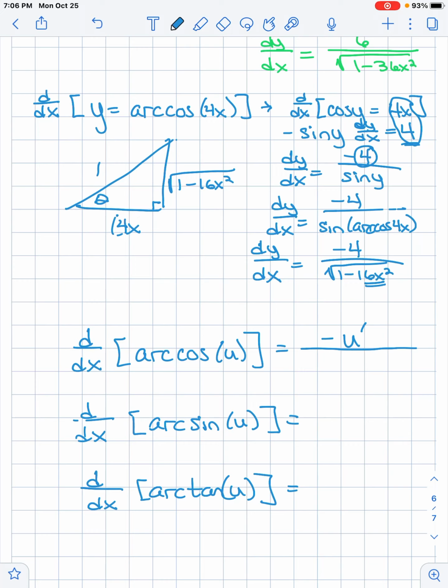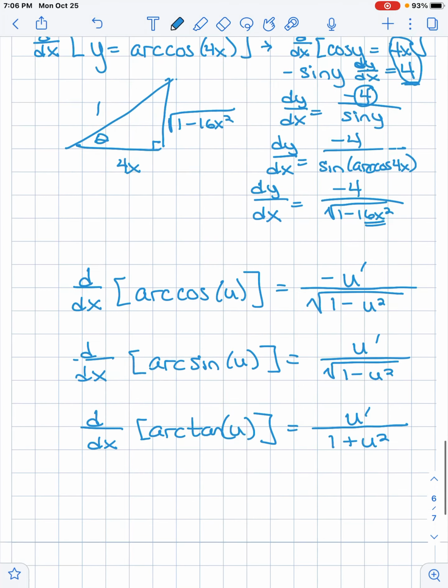That's how it got in that radical, because we had to square that side of the triangle in the Pythagorean theorem. So it's the square root of 1 minus u squared. And then arcsine is positive u prime over the square root of 1 minus u squared. And arctangent is u prime over 1 plus u squared. Those are really important to know. If you memorize those three, but the nice part is when you're memorizing, hopefully you're visualizing at the same time. That's going to make life a lot easier.